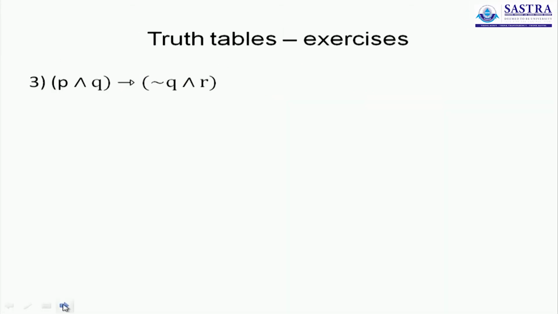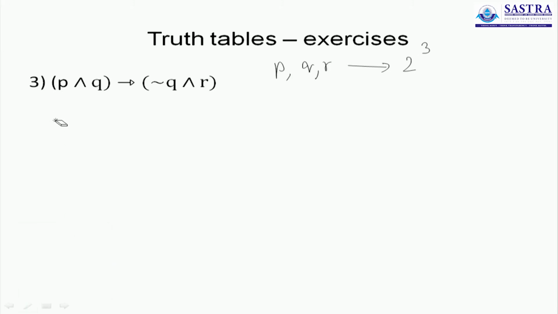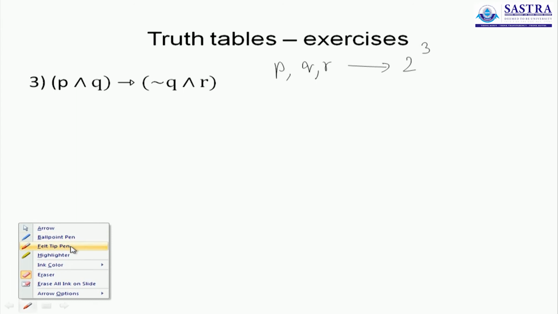Let's try another exercise here. This time we are faced with a conditional. Once again there are 3 variables P, Q and R, which means you will have 2 power 3 rows in the table. And how are these tables populated? We have already discussed that in the previous problem. I'll show it to you once more.